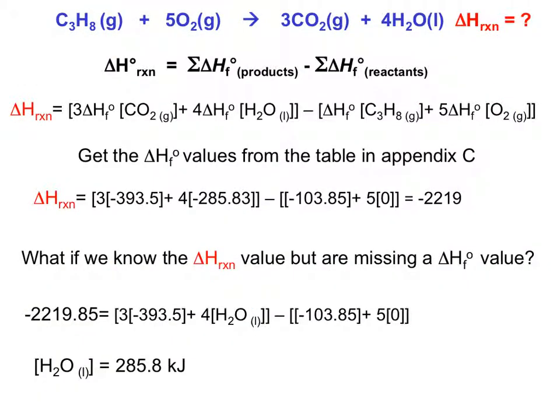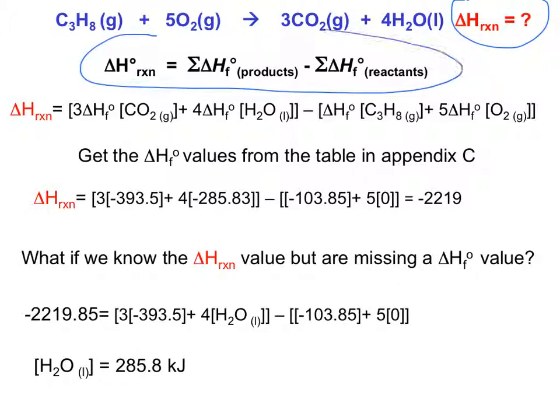So another way that we can solve for our delta H of reaction is by using this equation here. Okay, so we can take the sum of our products and subtract from it the sum of our reactants. Okay, we get our formation values from Appendix C once again, and basically just chug and plug numbers.